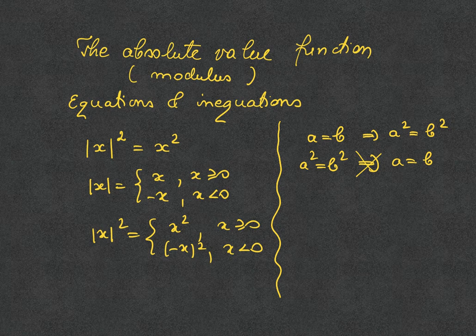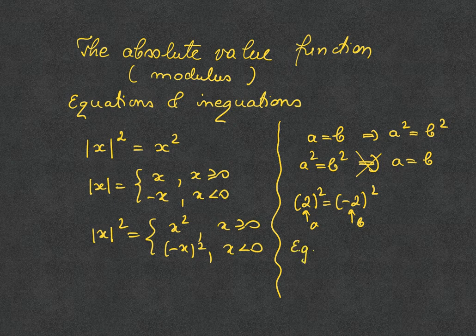For example, 2 squared is the same as negative 2 squared. So a is 2, b is negative 2. But a is not equal to b in this case. Therefore, when we square both sides, we introduce some new solutions.